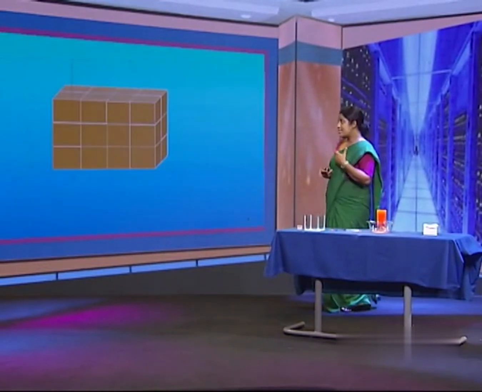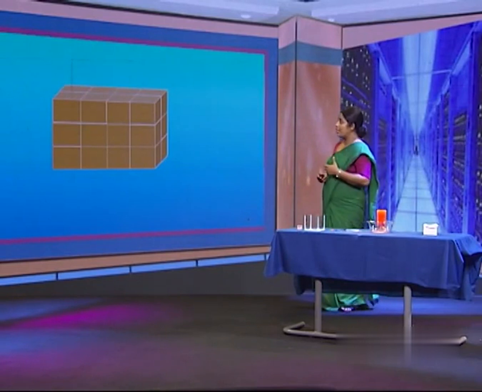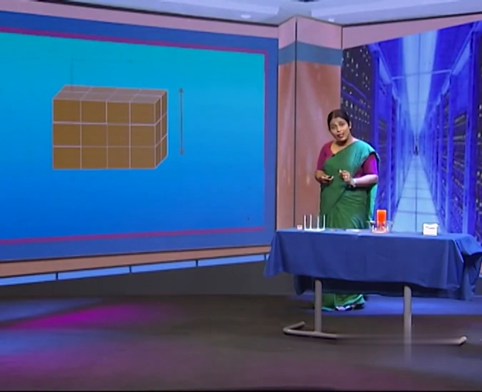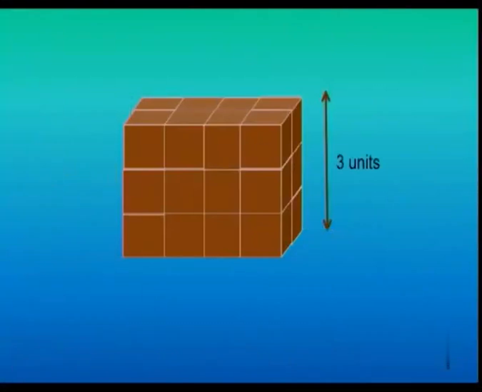Now, let's represent this cuboid this way. The height of the cuboid is 3 units. Lengthwise we saw that there are 4 units and breadthwise we saw that there are 2 units. Wait a minute, if you multiply 2 by 4, you get the answer 8. 8 means the number of cubic units in a layer.